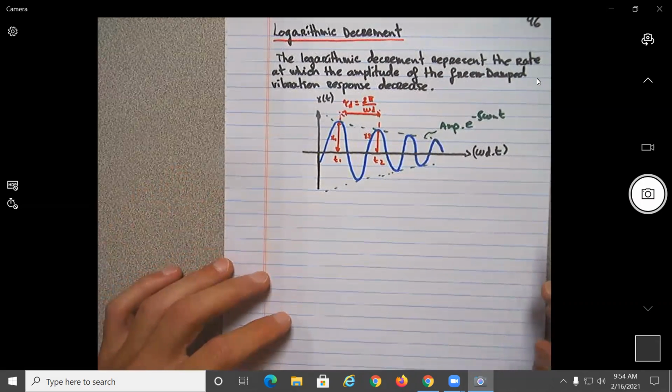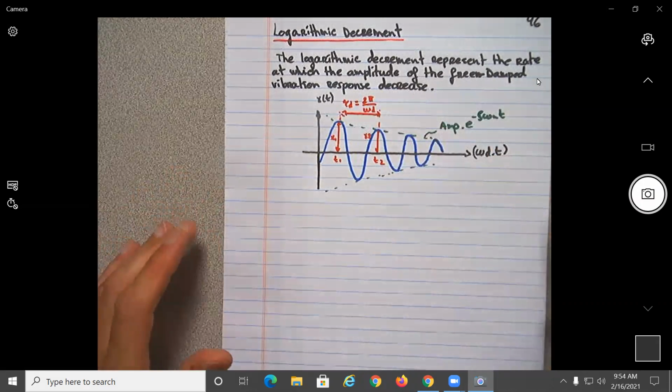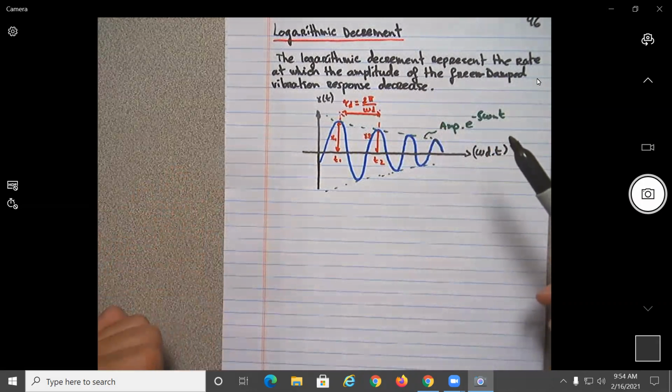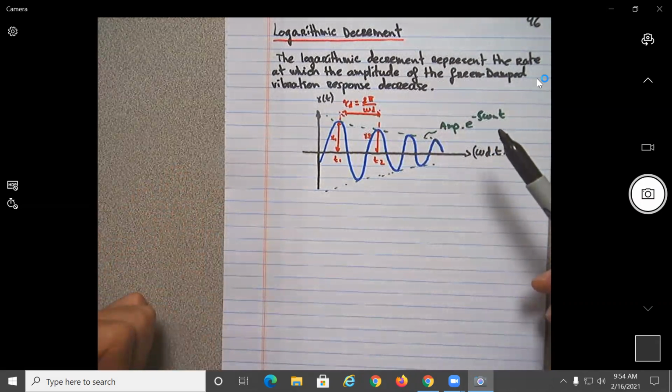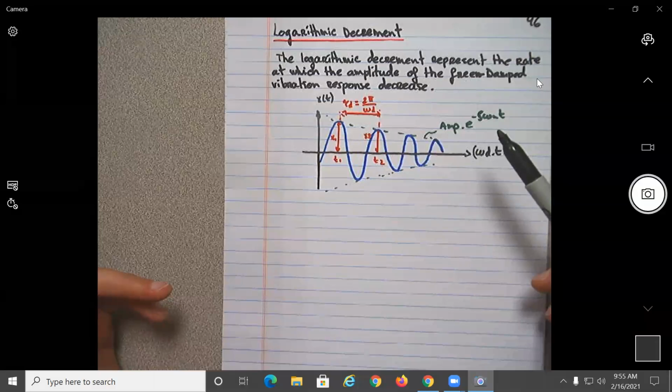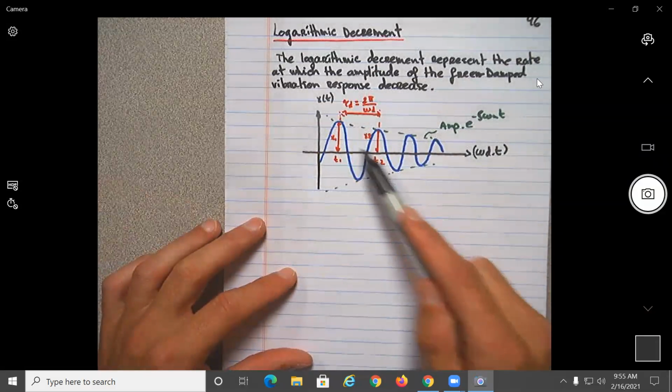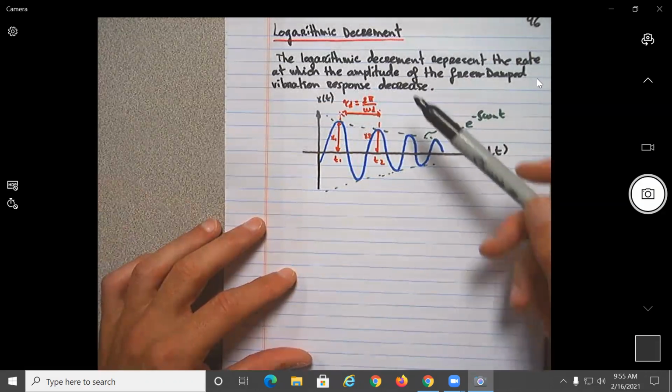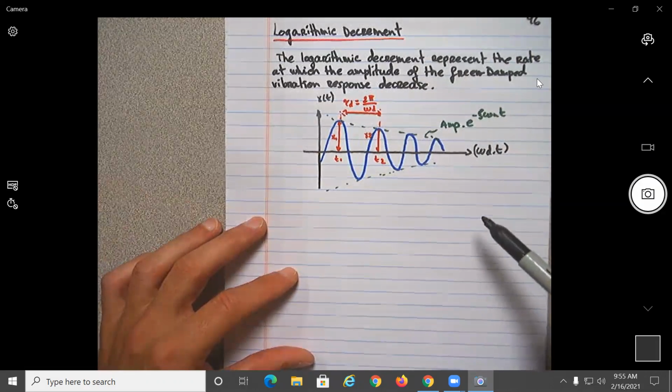Okay, so something I didn't put over here, but obviously we studied 3 cases: the overdamped, critically damped, and underdamped, no? For the overdamped and critically damped, the response was basically going straight to 0. Okay, so this is only true for the underdamped case.